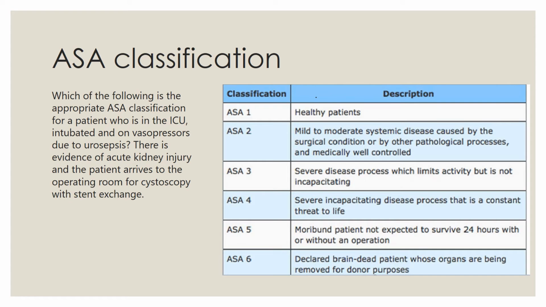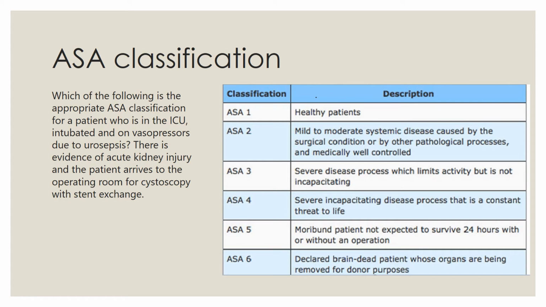Many of you chose ASA5, which would be a moribund patient who is not expected to survive for at least 1 day without surgical intervention. I believe that this is really an ASA4 here by description, because there's no evidence that the patient will necessarily die without this procedure, but they do have severe processes occurring, this urosepsis, which is causing them to need vasopressors and ventilation support.